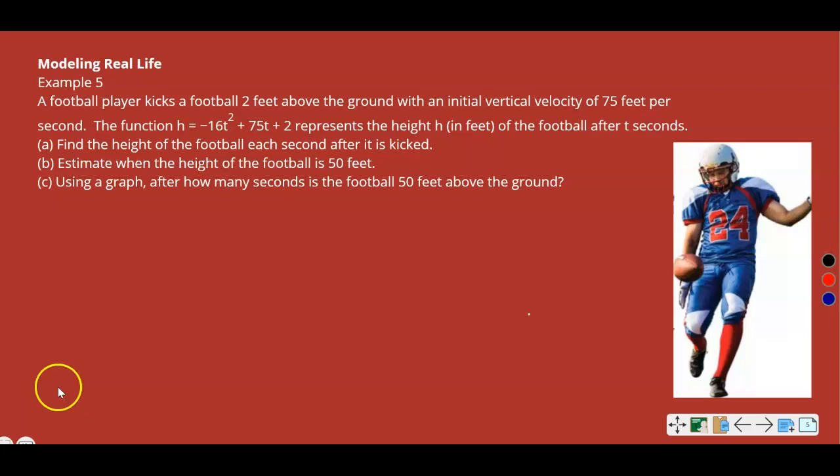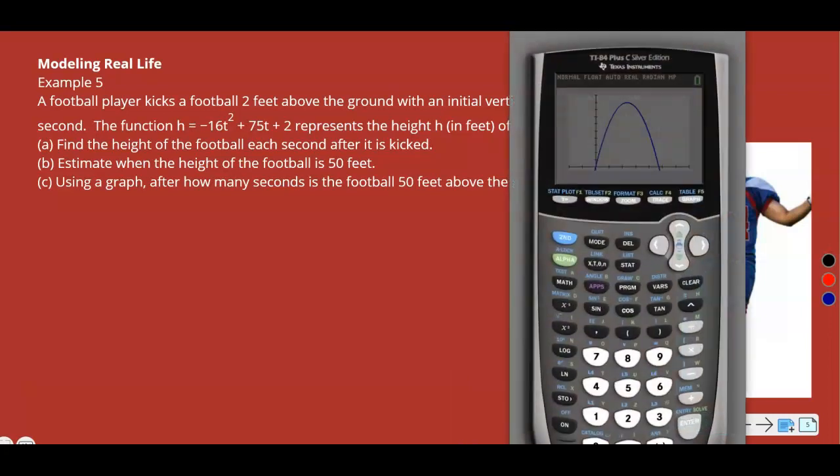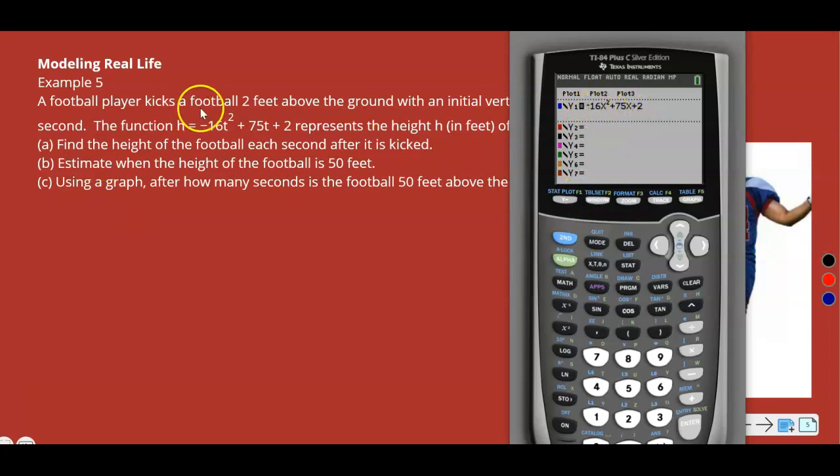All right, so what we want to do is look at the table of values and see after each second what the height of the football is based on this function. As you know from previous examples, you can graph it by simply plugging it into your calculator. So I've already done this. Y equals negative 16x squared plus 75x plus 2.